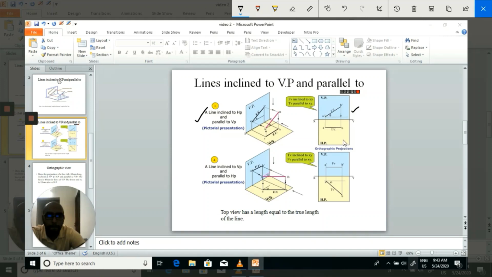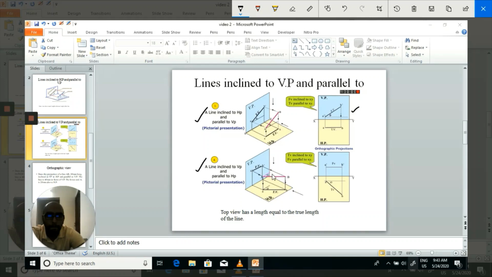Now this is the second case, a line inclined to VP and parallel to HP. So this line AB is inclined to the vertical plane and it is parallel to the horizontal plane.